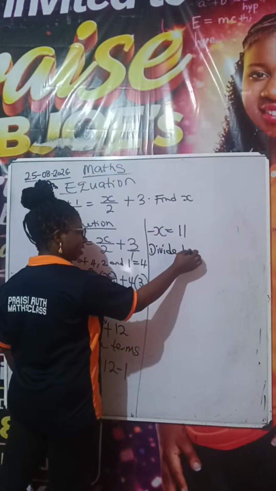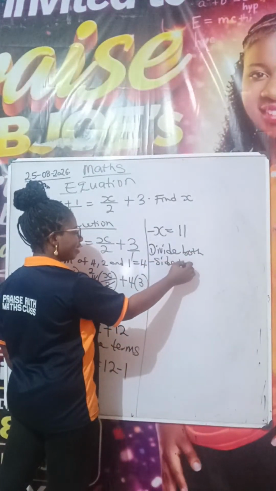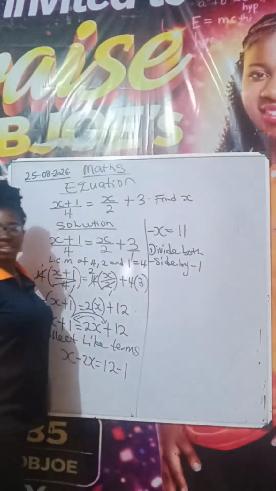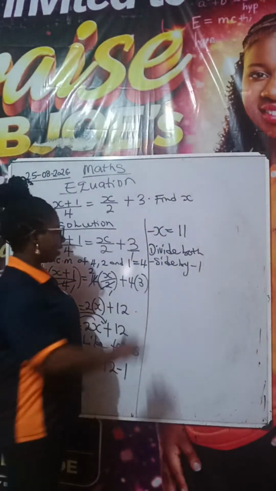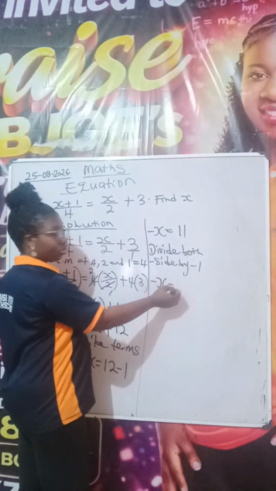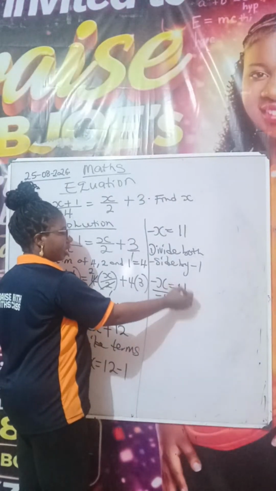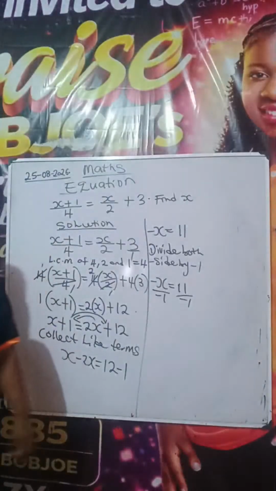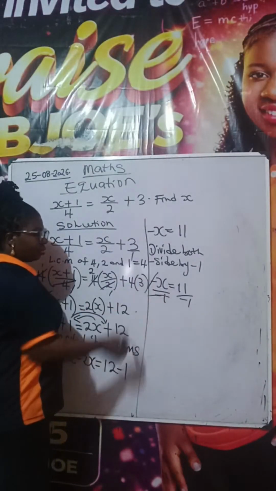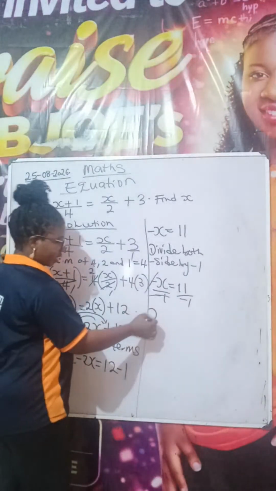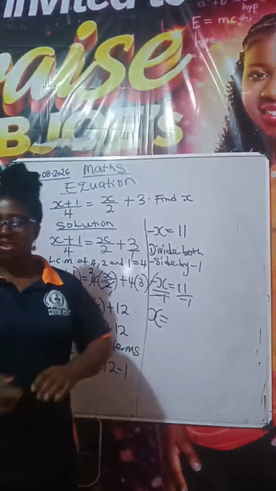So now all we need to do is divide both sides by minus 1. Not just one side, both sides. And that will be minus x over minus 1 equals to 11 over minus 1. So the minus we remove, and we have x equals to 11 divided by minus 1.